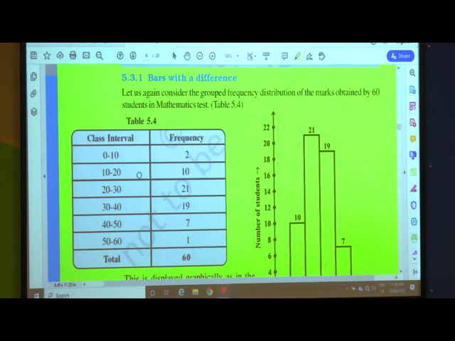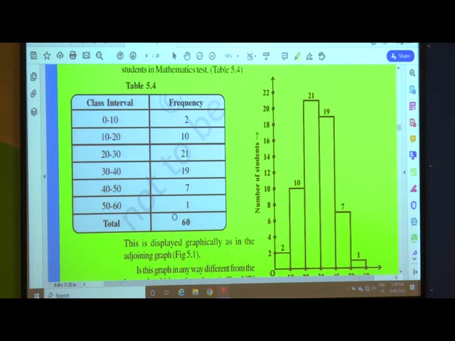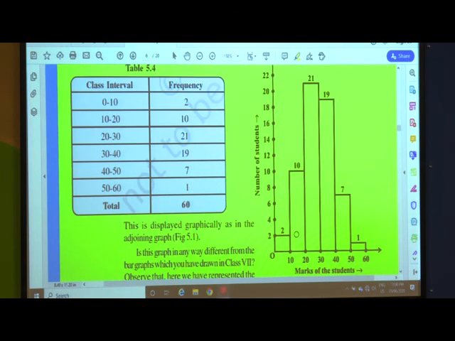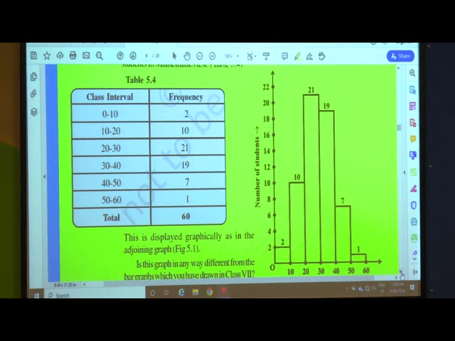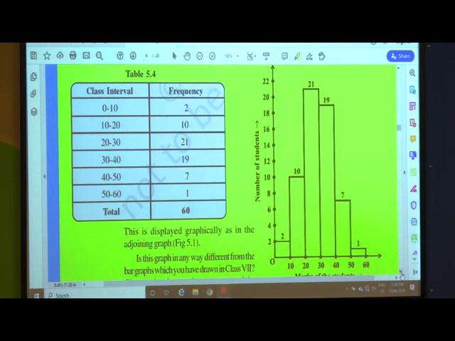You can see the frequency and the class interval here. 0 to 10 frequency is 2, 10 to 20 frequency is 10, 20 to 30 frequency is 21. This is displayed graphically as in the adjoining graph.